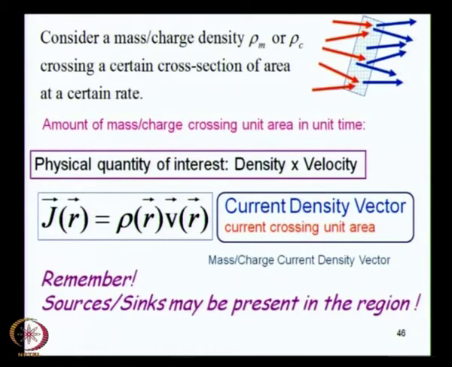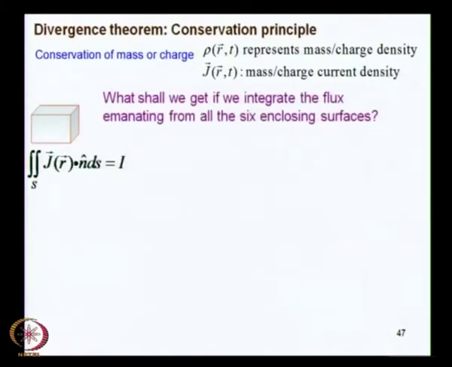A quantity which is defined per unit area integrated over the whole area will give you the current itself. This is the charge per unit area, so it will give you the net charge, per unit time will give you the current, and therefore, when you integrate this flux of the current density vector, you are going to get the current which is oozing out of that region.